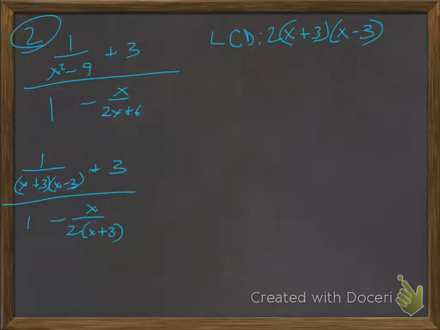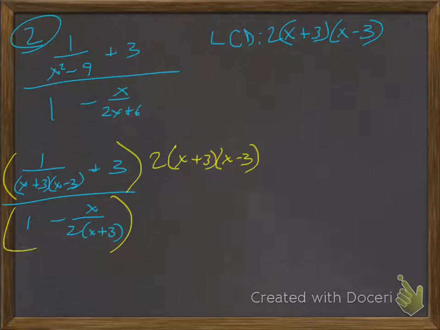And what I'm going to do is multiply both the numerator here and the denominator by 2 times x plus 3 times x minus 3. So go ahead and pause it here, and if you got this far correct, you can go ahead and finish it.